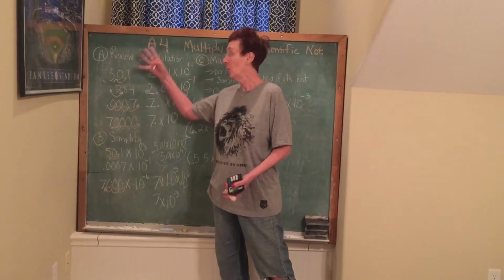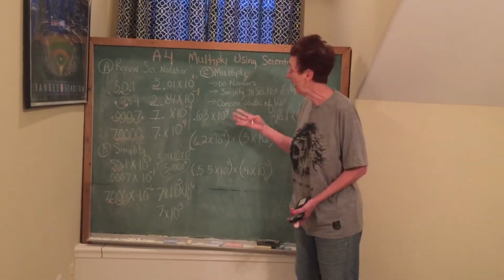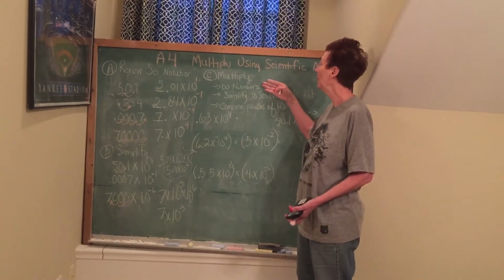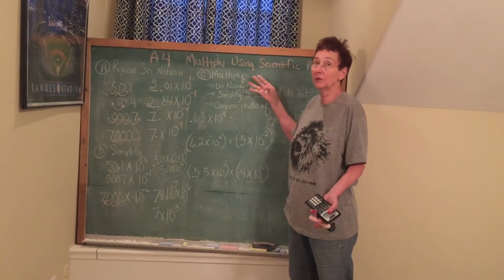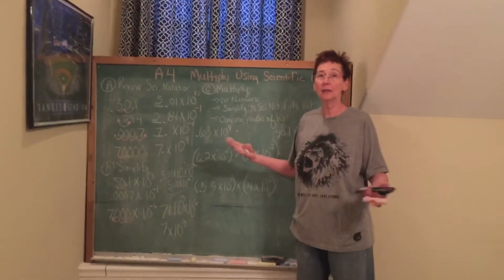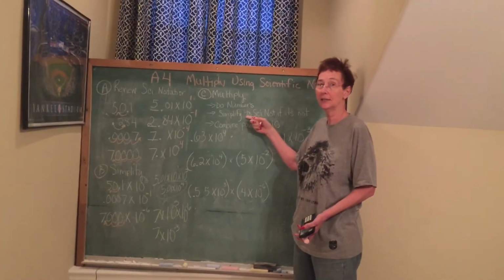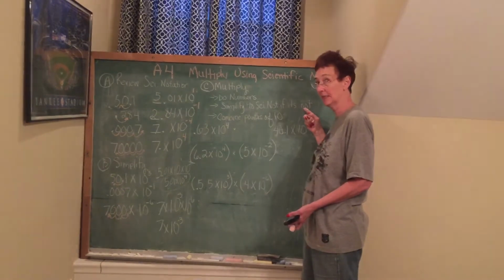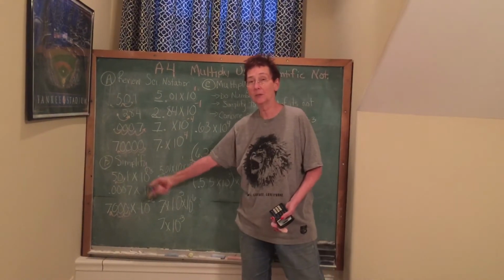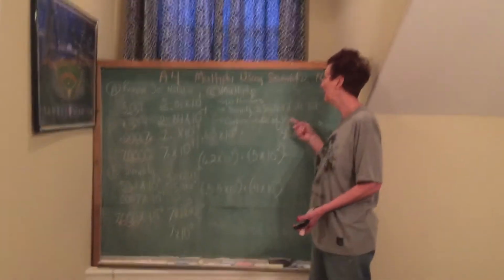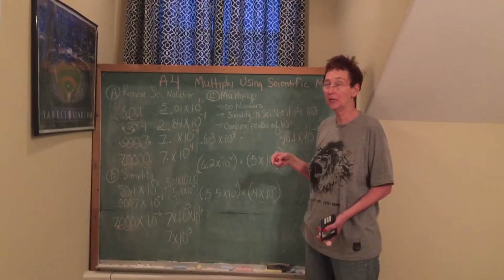Okay? So we're going to use these 2 ideas now to do multiplication problems. If it's a multiplication problem, you want to make sure, do whatever the numbers are. If I need to multiply them, multiply them. Then, if they are not in scientific notation, you need to fix it. You need to simplify it like we talked about over here. And then your last step would be to combine your powers of 10.